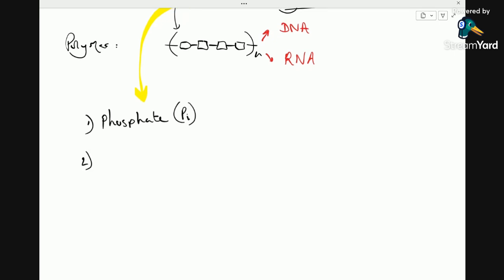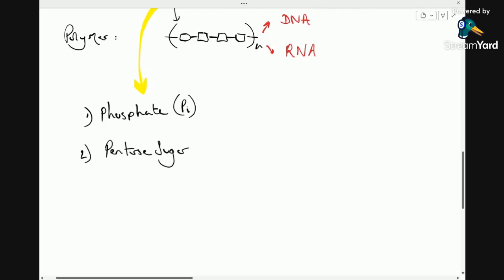Number two is a pentose sugar, and hopefully you remember that pentose means five carbons. It's one of two types, depending on whether you're DNA or RNA: it will either be ribose or deoxyribose.